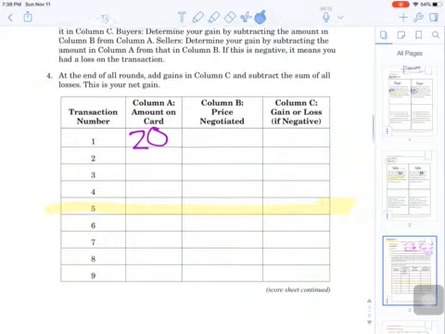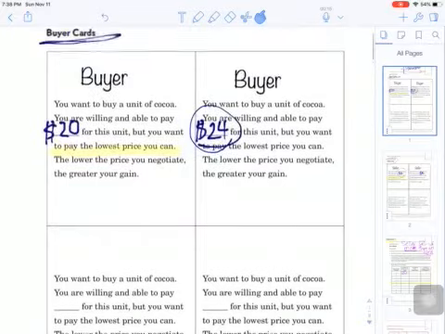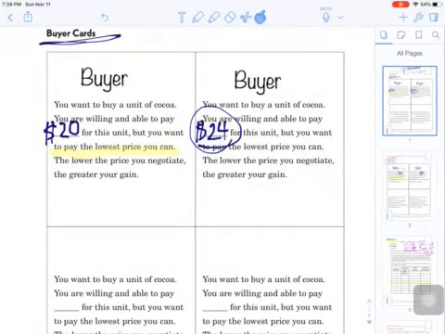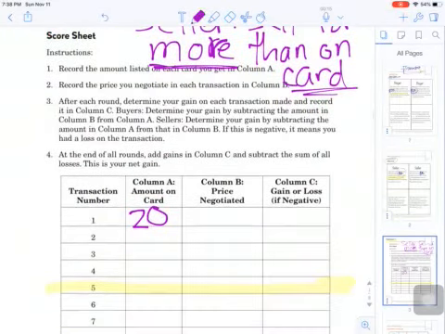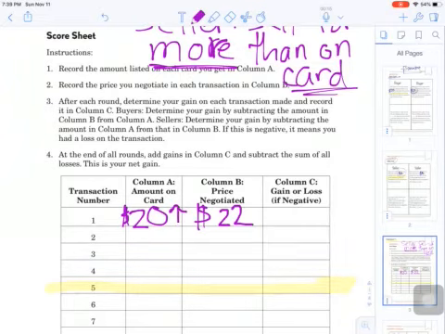Okay, $20, and then I'm going to go, and I met a buyer who's trying to buy for 20, and then let's say I negotiated the price of, I don't know, let's say 22. Okay, because I'm a seller, I'm trying to sell for more than my $20, so this means I have a plus 2.